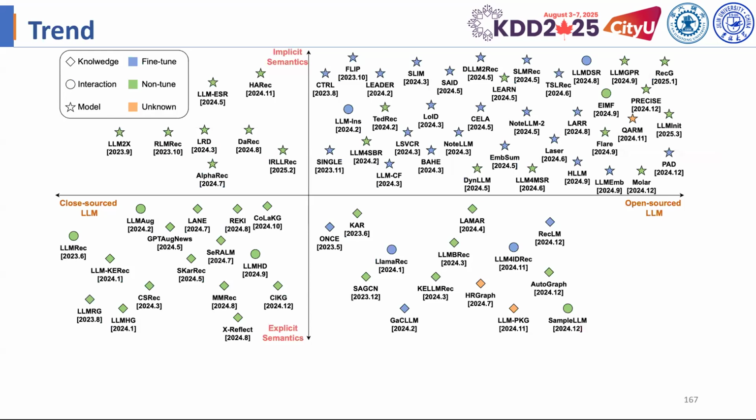To analyze the trends of LLM ERS research, we organize the typical literature on how they use LLM semantics in the vertical direction and the LLM types in the horizontal direction. We also present the enhancement category and whether the LLM is fine-tuned, and mark the time of each solution in this figure.